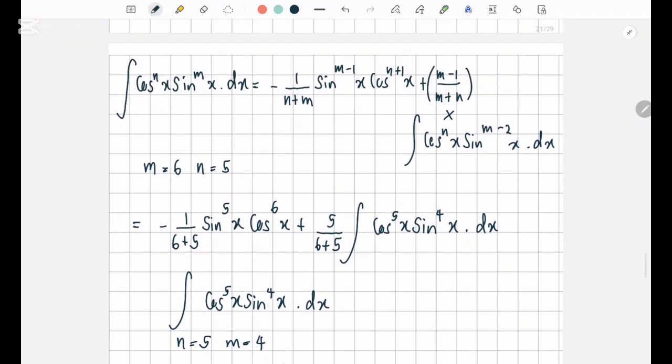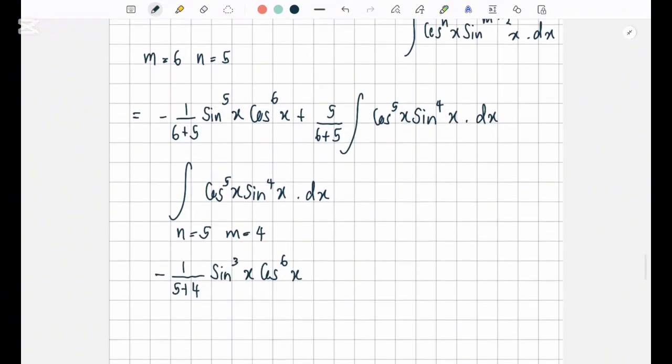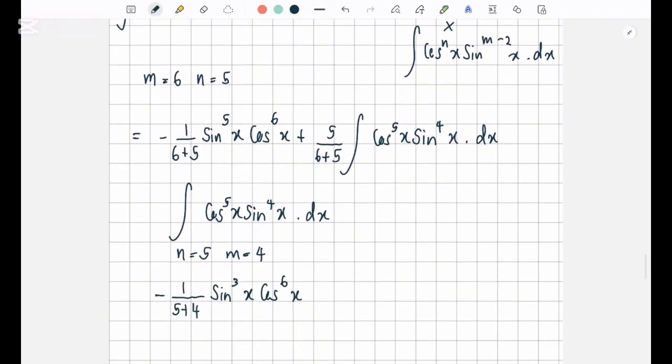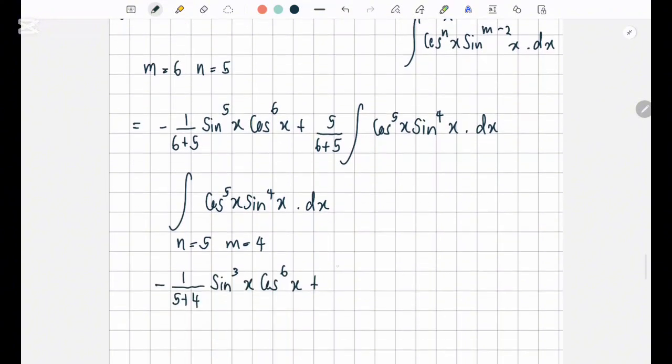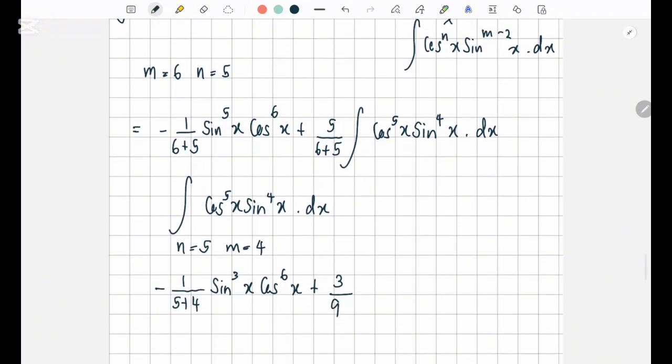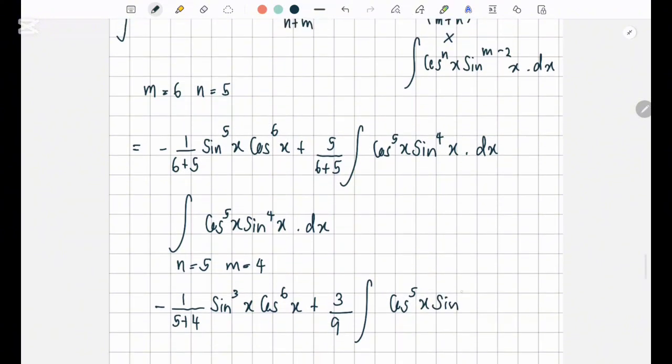Let me see whether I'm doing it right. Need to recheck all the time. Yeah. Plus m minus 1, so that's 3 over n plus m, which is 9, to the integral of cos. Now n is 5, the same thing, and sine becomes sine x to the power 2, right?